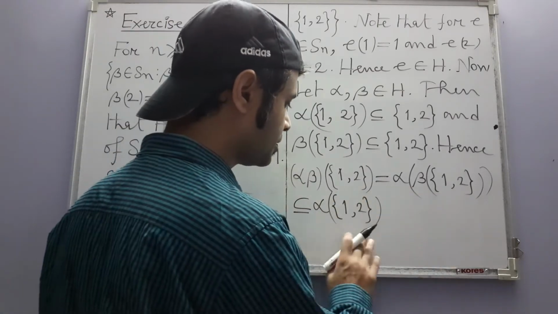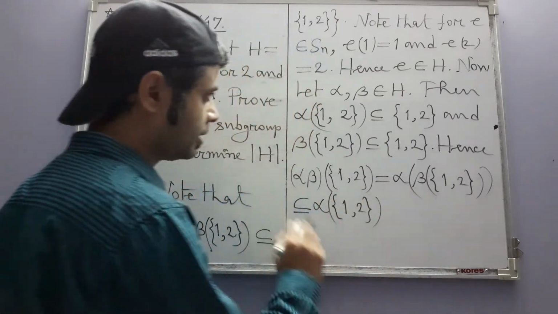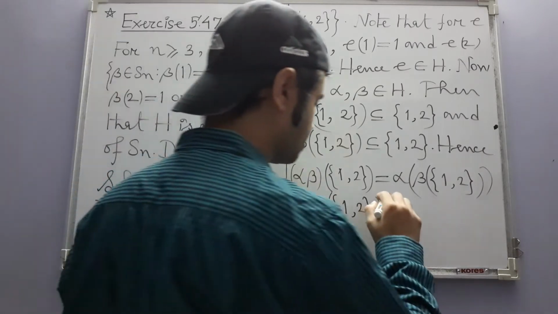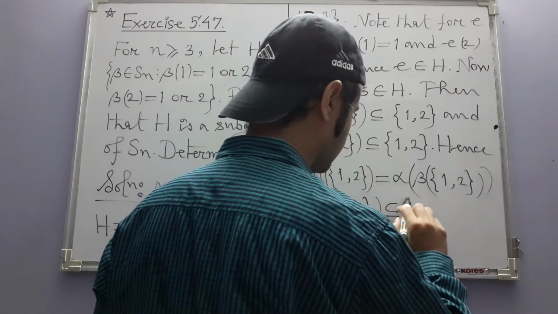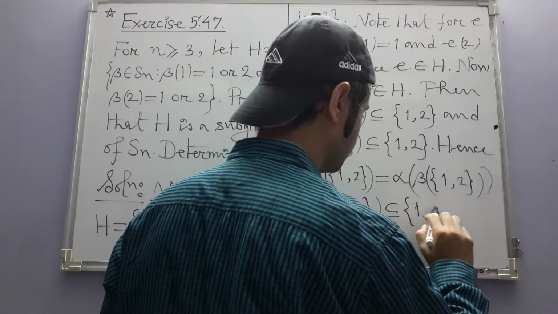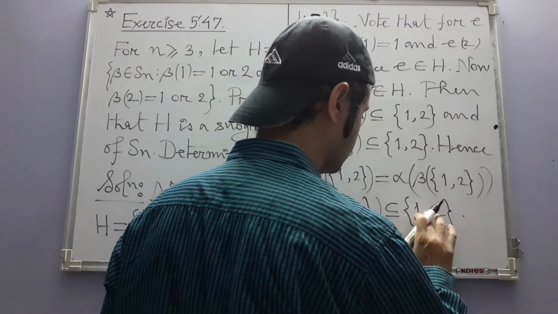So their alpha images are also similarly related, and then again you use this. So this in turn is a subset of 1, 2.